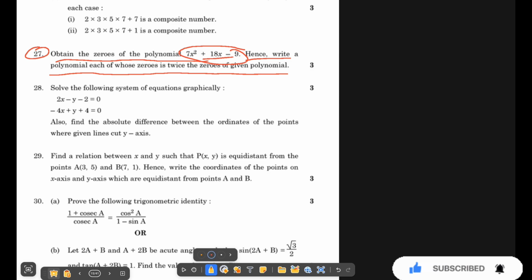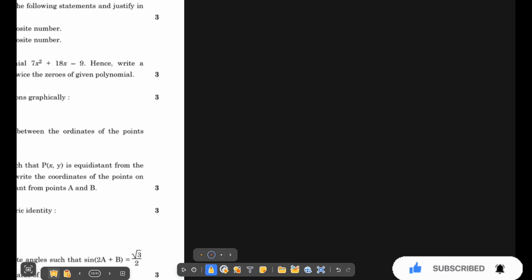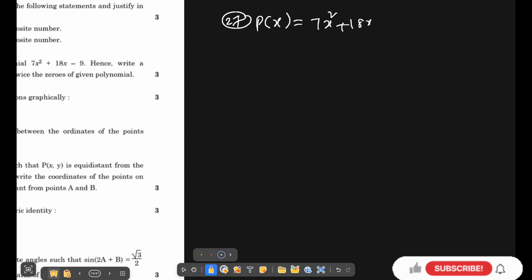So first of all, let's find the zeros of this polynomial by factorization method. So what is the polynomial given here? The polynomial given here is 7x square plus 18x minus 9.